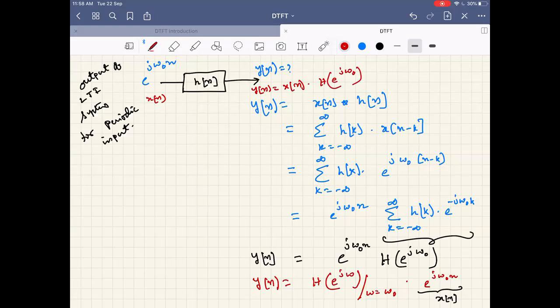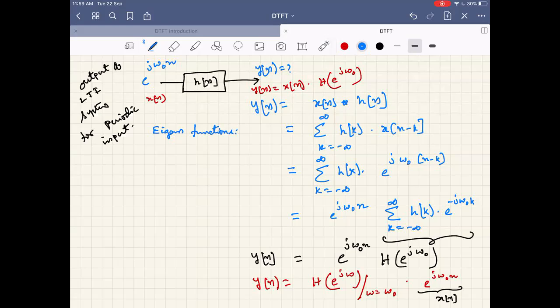Have you seen this kind of similar output anytime? Whenever I give an input x and apply some transformation on it, I get the same at the output. You might have seen this in eigenvalue and eigenvector discussions, eigenfunctions.